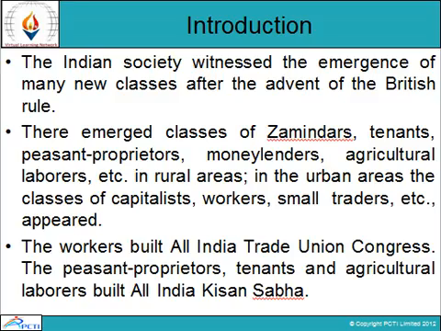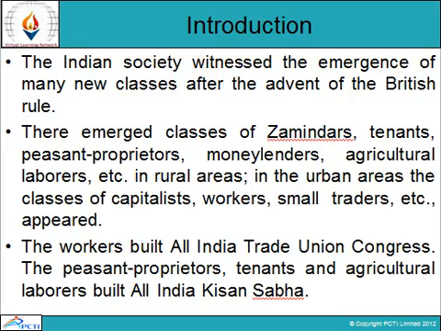Coming towards the introduction, the Indian society witnessed the emergence of many new classes after the advent of British rule. There emerged classes of Zamindars, tenants, peasant-proprietors, moneylenders, agricultural labor, etc. in the rural areas.